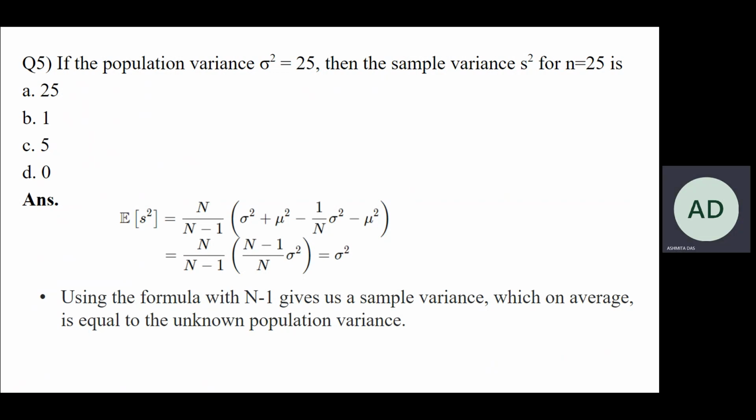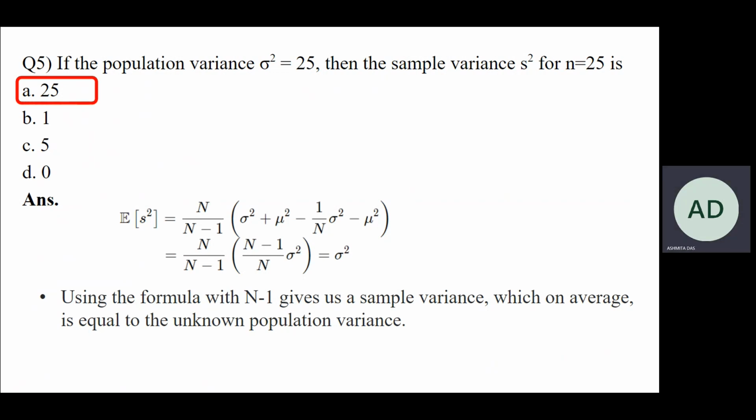So by narrowing down, the final value comes as sigma square. So if we calculate the sample variance using the formula with n minus 1, then the population variance is equal to the sample variance. So for this particular case, we get that the population variance sigma square equals 25. So the sample variance also becomes 25.